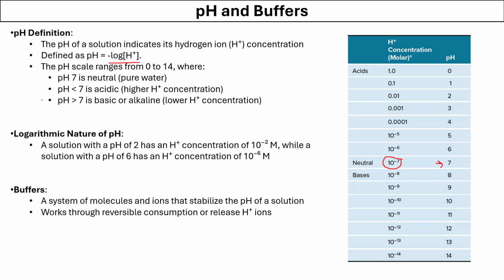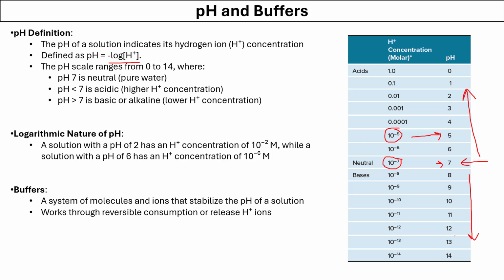If the concentration of hydrogen ion is 10 to the minus 5, then the negative log to the base 10 would be 5, so pH would be 5. As we have mentioned before, 7 is a neutral pH. Anything lower than that would be acidic. Anything higher than that would be basic.